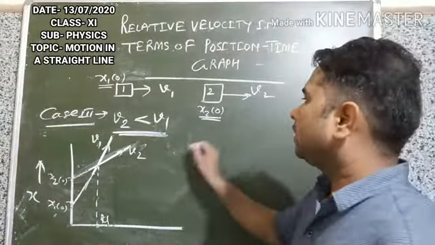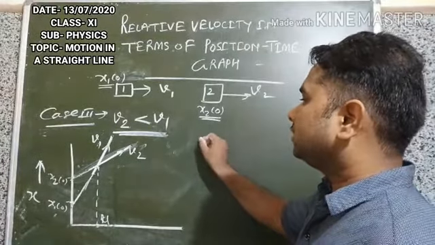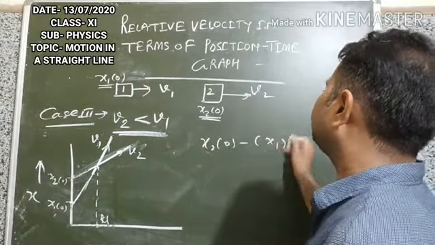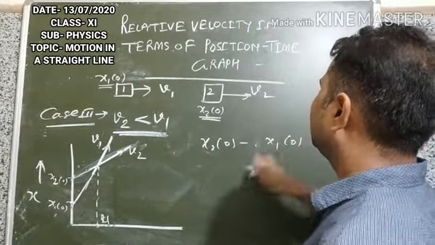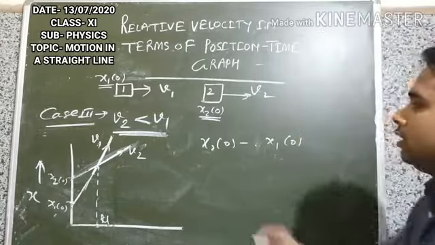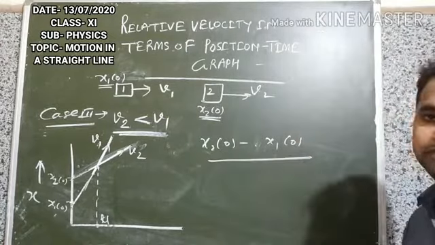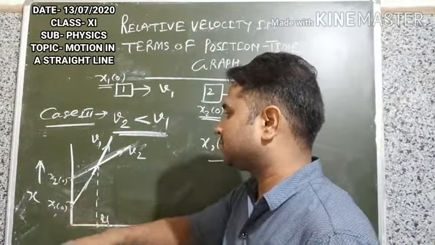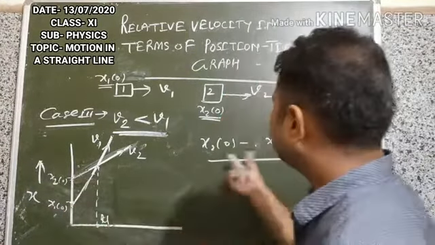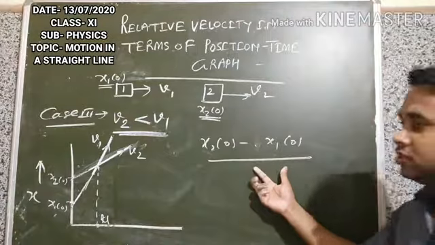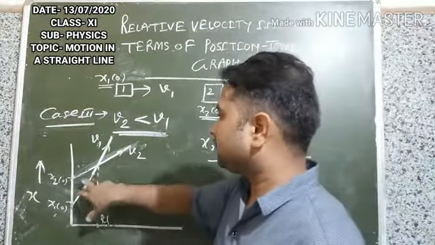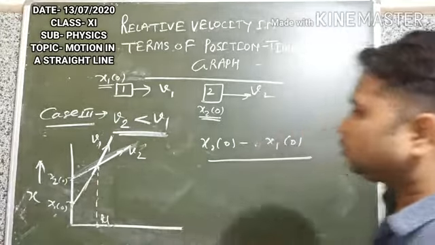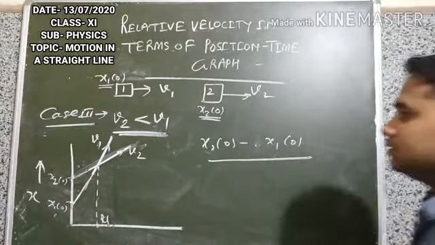First of all, you can say that x20 minus x10, जो दोनों के बीच का सेपरेशन था, initially it is positive. Initially it is positive because भाई x2 x1 से ऊपर है. So it is positive initially. कब तक वो positive होगा? जब तक ये दोनों मिल न जाए. At this position x10 equals x20, that is suppose x.